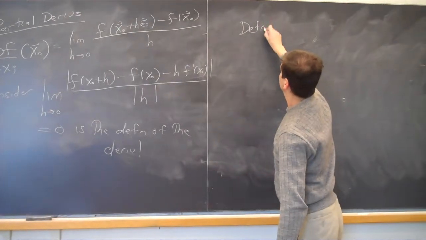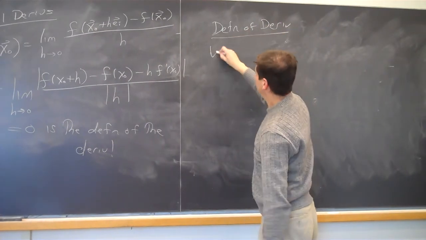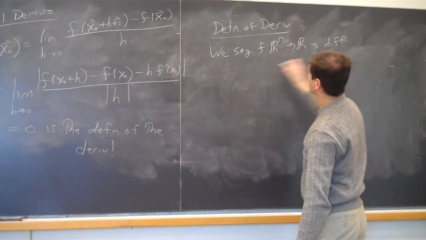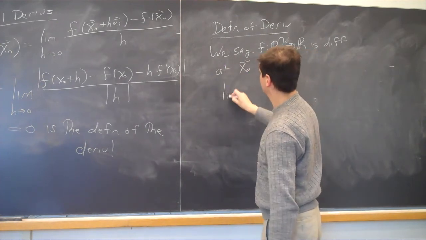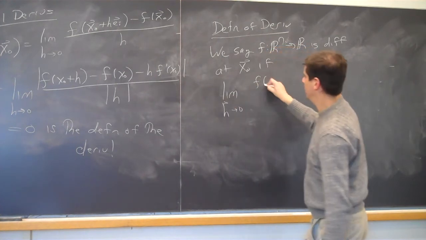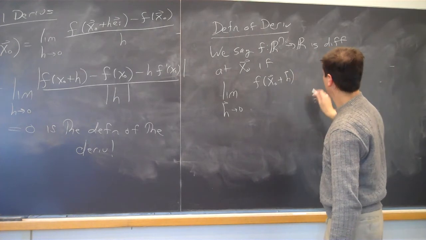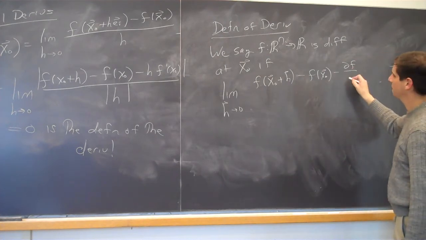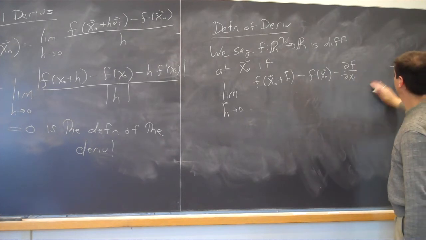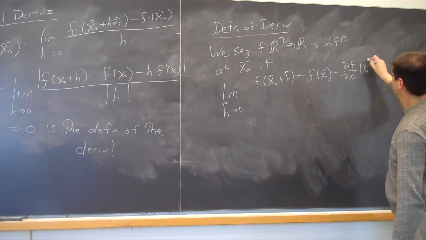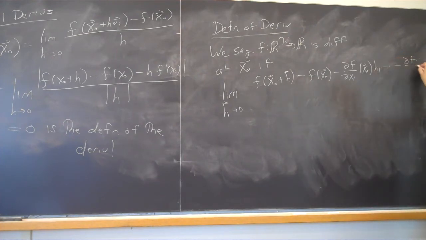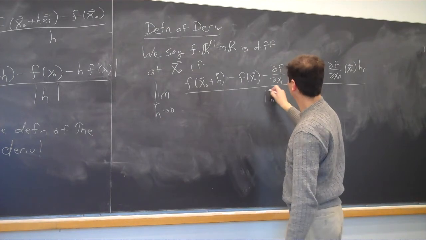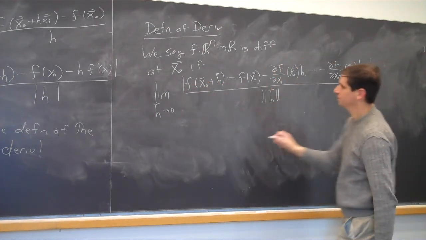Okay. Definition of derivative. We say f from Rn to R is differentiable at x naught if the limit as h goes to 0 of f of x naught plus h minus f of x naught minus, and this is where you need to have a little space, df dx1 at x naught times h1 minus dot dot dot minus df dxn at x naught times hn, divided by the length of h, put in absolute values, is 0.